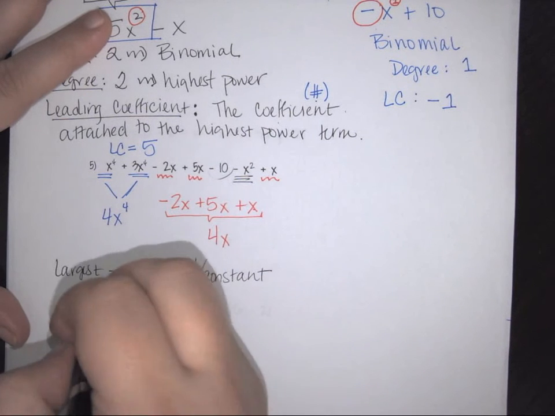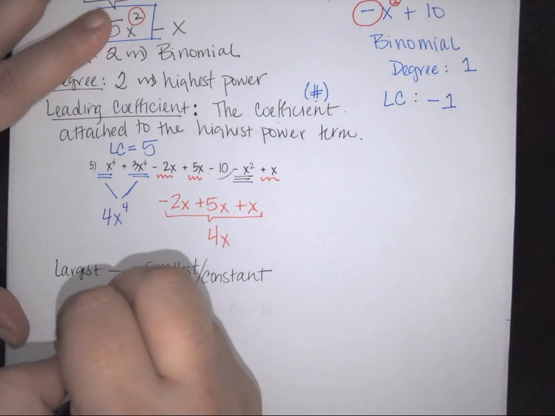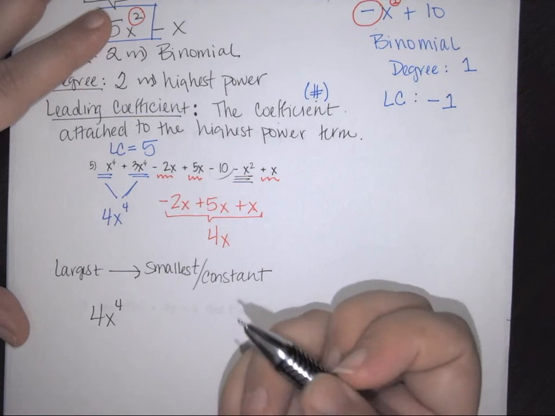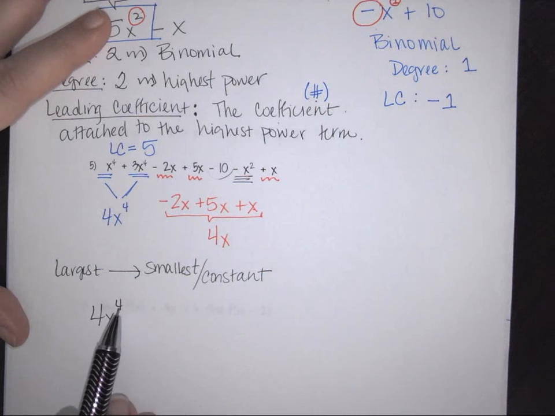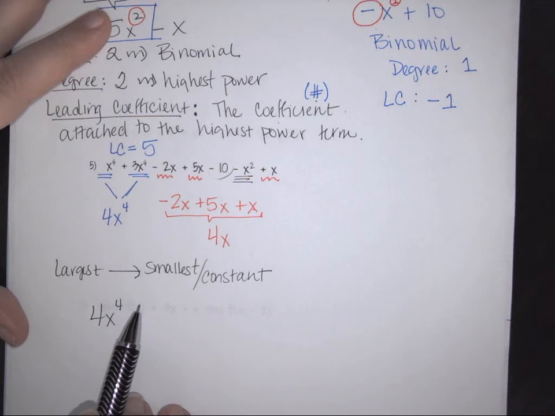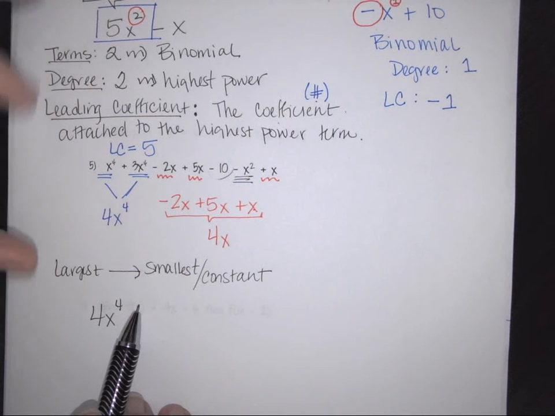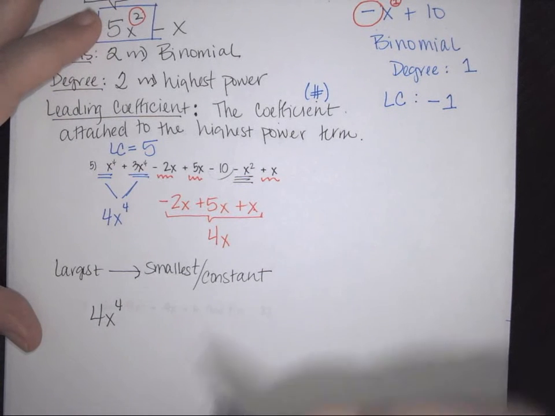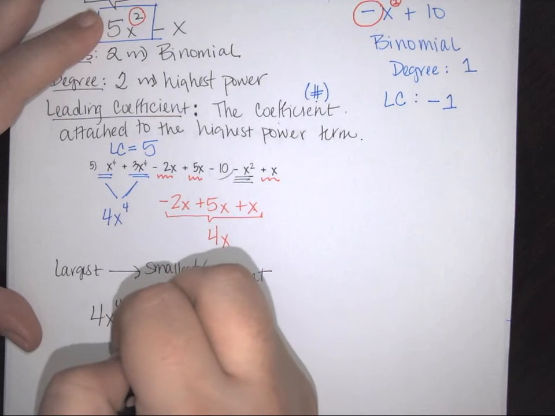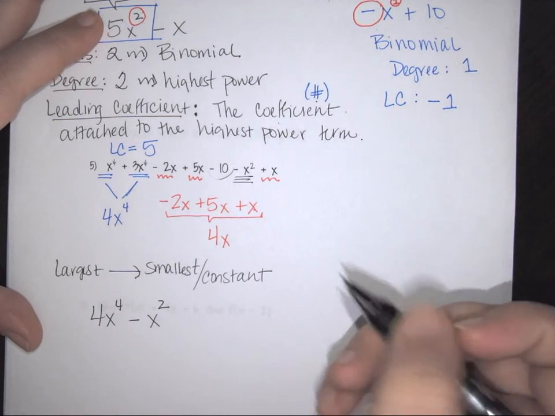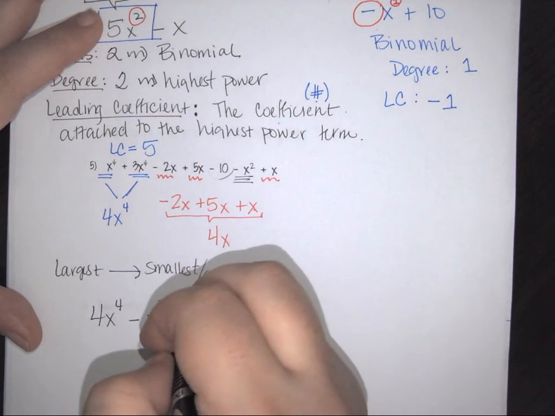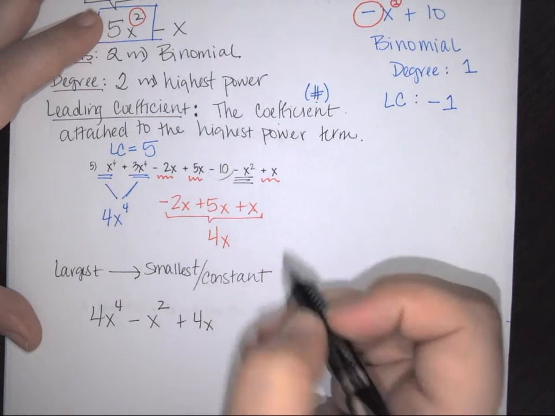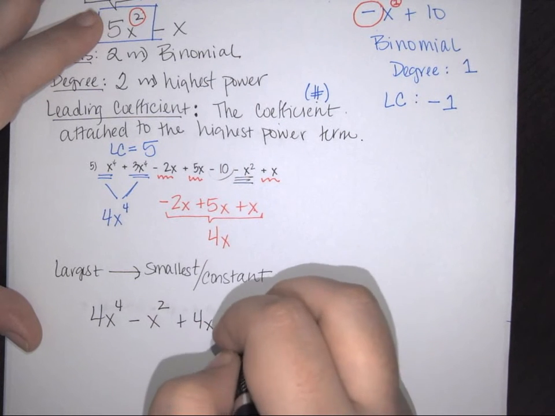My largest power is power of 4, so this becomes 4x to the 4th. I then have to go, so if I go down 4, the next one in the row would be 3. I don't have any. Going down again would be 2, so this becomes minus x squared. I then have 1, so this would be plus 4x, and then my constant, minus 10.